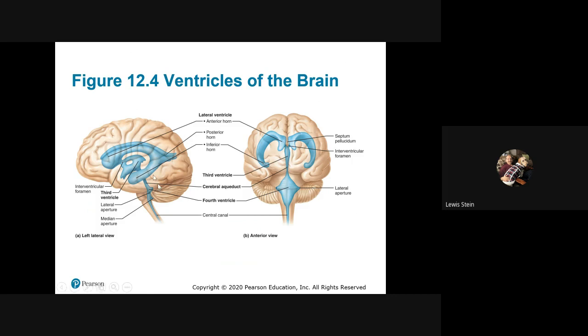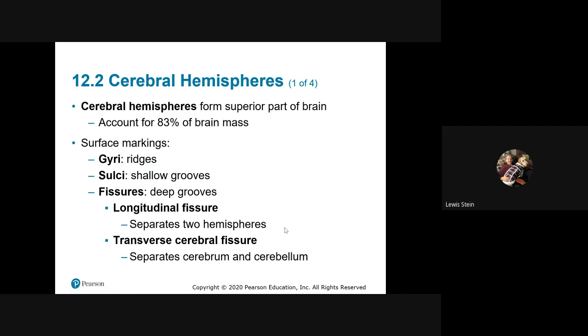Then you can see it looks narrow here, but very wide here. Here is the fourth ventricle, and then all the way down to the central canal. And as you can see, more than 80% is the big cerebral hemispheres, gyri and sulci, fissures. There's one that follows the sagittal plane that we talked about earlier, dividing you right and left, a big fissure.